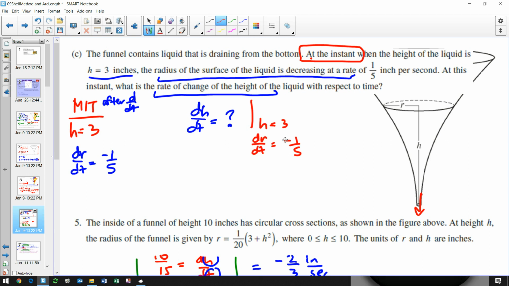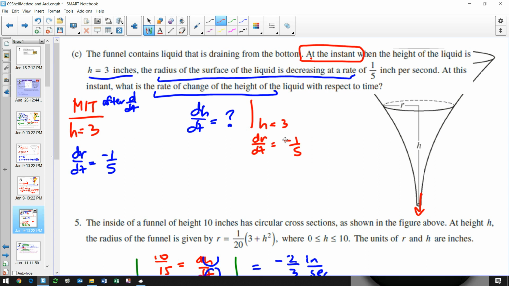Do you remember when we did related rates? We always needed to start with a formula. So what you do is you look at your picture, and I need a formula that combines this picture with r and with h. Well, it's not a total cone.